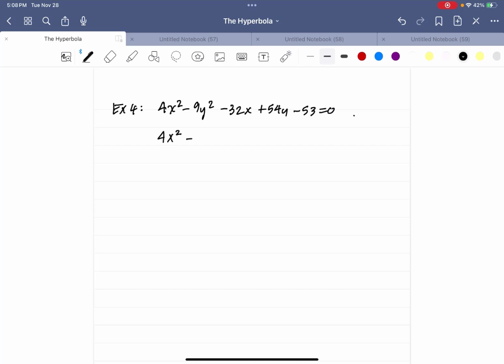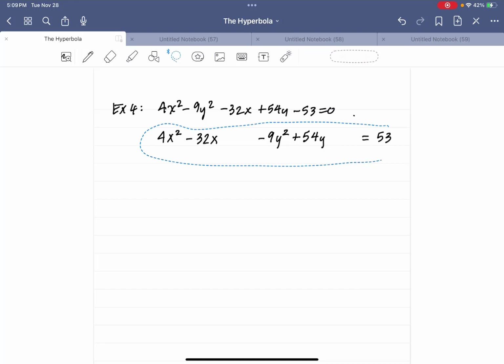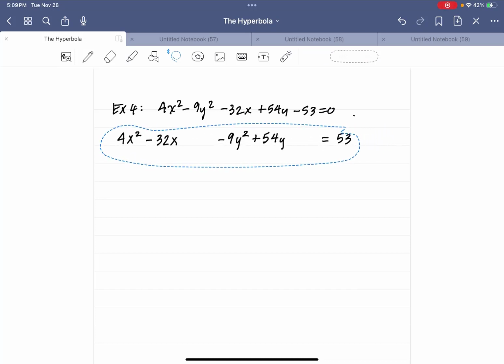I'm going to get my x variable terms together, skip a little space, then my y variable terms together, skip a little space, and then move my 53 to the other side. So collect your like terms or your like variables and move the constant to the other side.